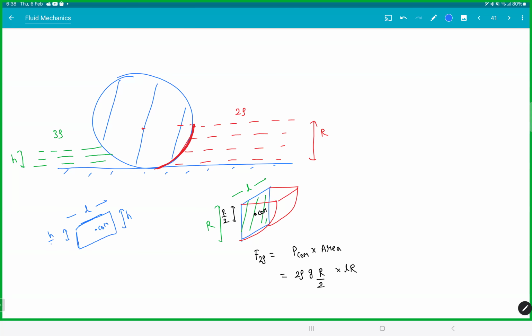This would be H by 2. So force due to the 3 rho liquid will be 3 rho G H by 2 into area, which is L into H. We're talking about this piece here.